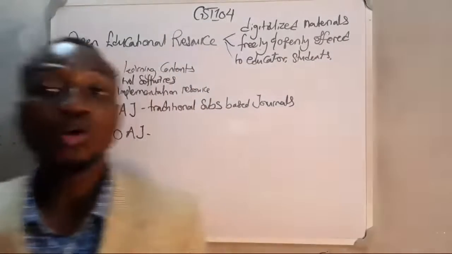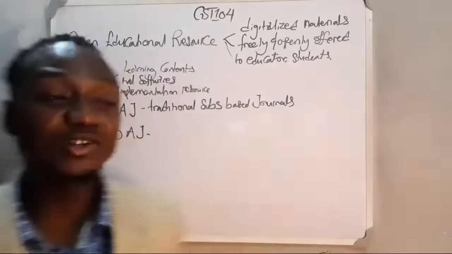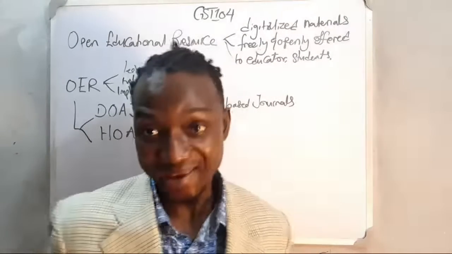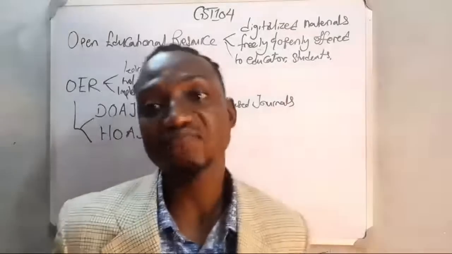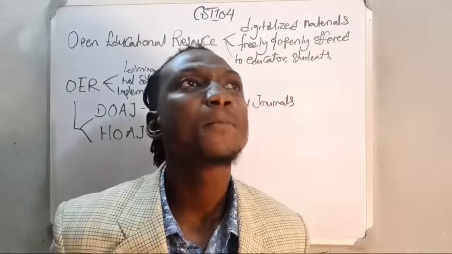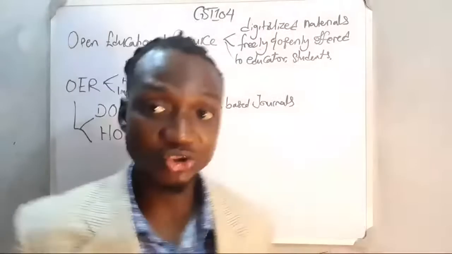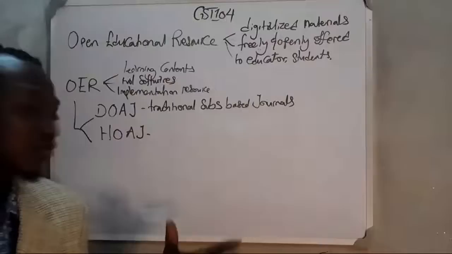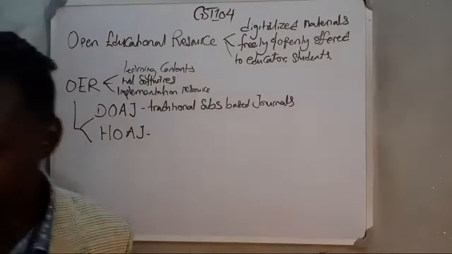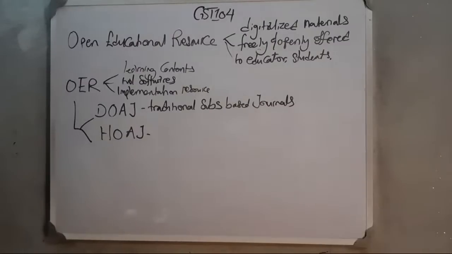You want to get a book on Amazon, and if the book has a table of contents of about 10 chapters, Amazon will make maybe 4 free, and the remaining 6 will be on subscription. So what the hybrid is telling us here is that a hybrid open access journal is a subscription journal.